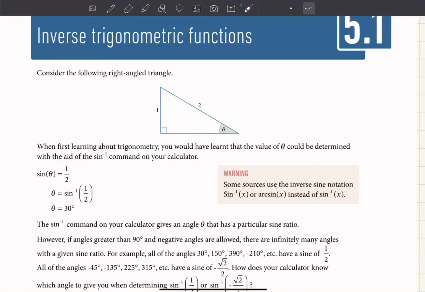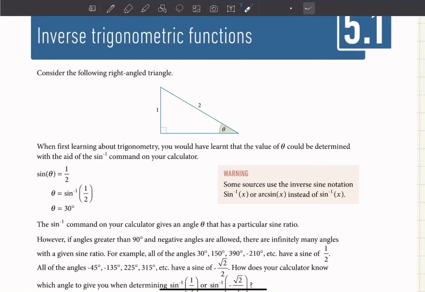It then says the second function sine command on your calculator gives you an angle theta that has a particular sine ratio. However, if angles greater than 90 degrees or negative angles are allowed, there are infinitely many angles which could be given. For example, think of all the angles that are similar to the 30 degrees.